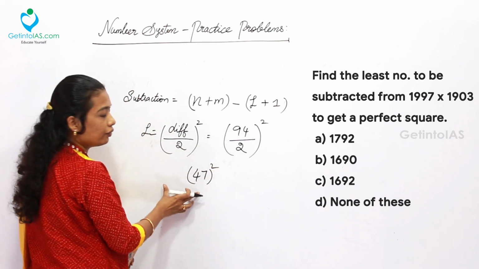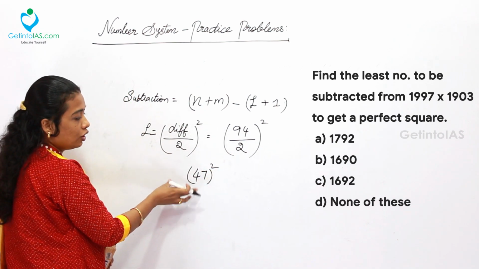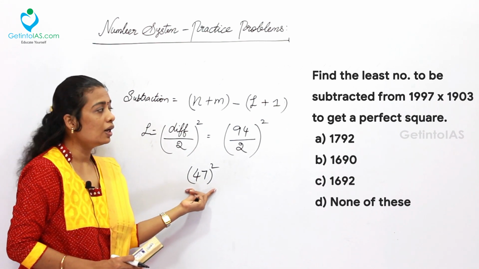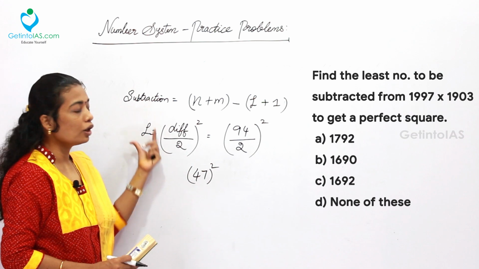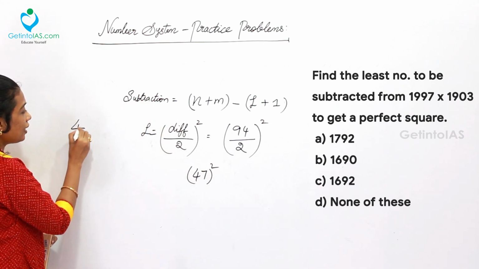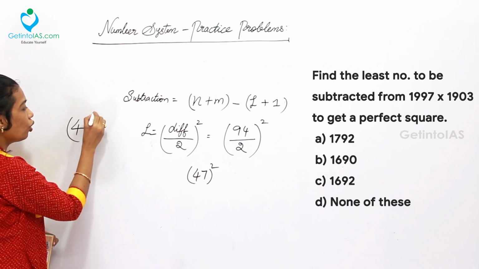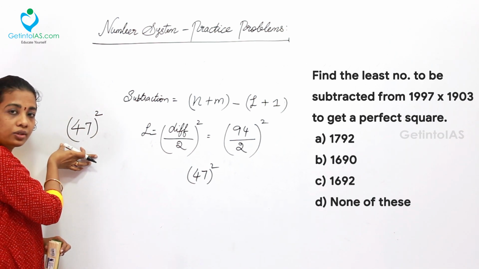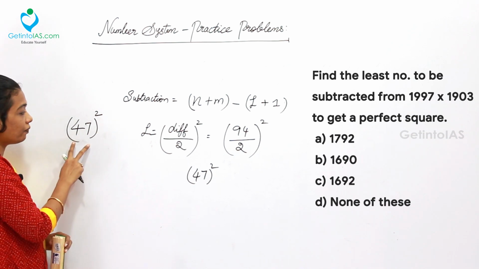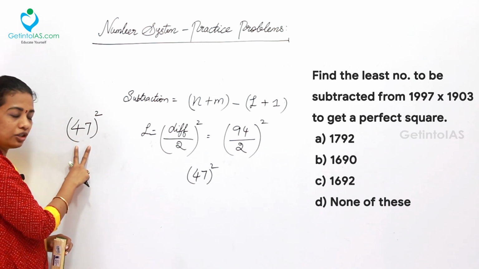The whole square will be the answer simply. So how to calculate square of any 2-digit number? Let's learn this first, then move on to the question. So for that, 47 the whole square. You can use this as a tool for calculating any numbers whole square, which is useful for 2-digit numbers only.